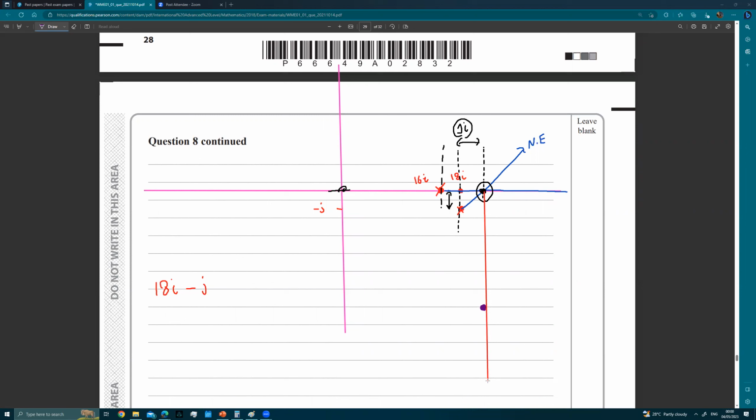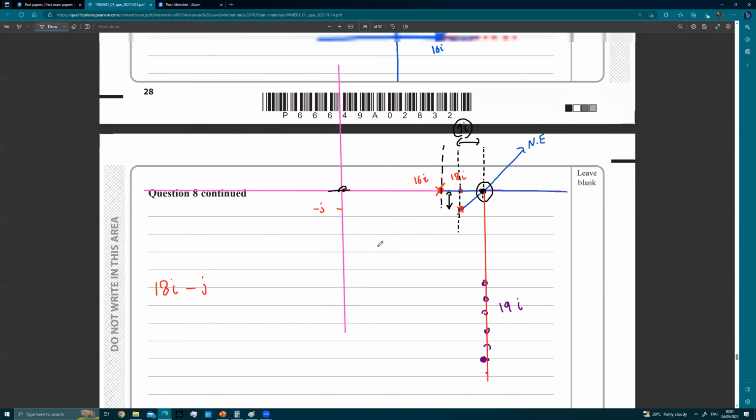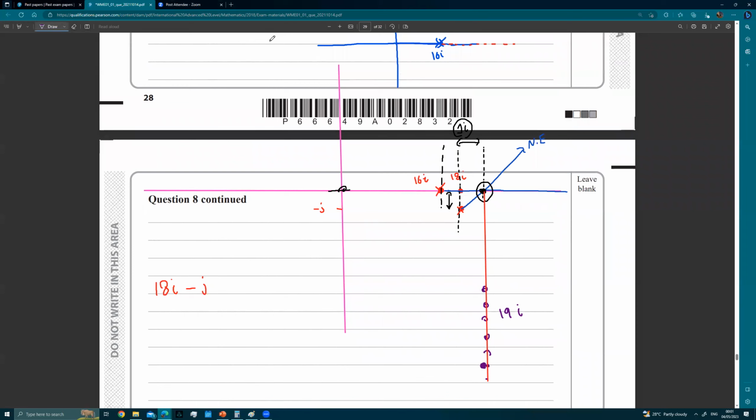I know that when the ship is south of the lighthouse, it has an I component of 19. The reason it's 19i is because right below the lighthouse, which is 19i, anything along this line is 19i. This is the line 19i basically.